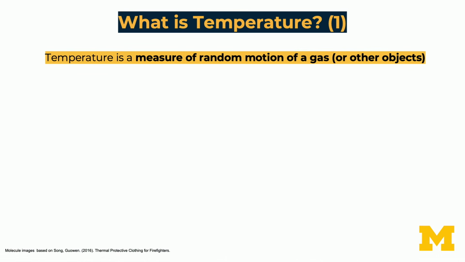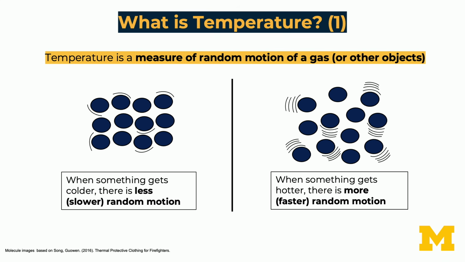Let's talk about temperature, and what is temperature. Temperature is a measure of the random motion in a gas. When something is colder, the molecules or the atoms are moving around less. And then as it heats up, those molecules are moving faster and faster and faster.